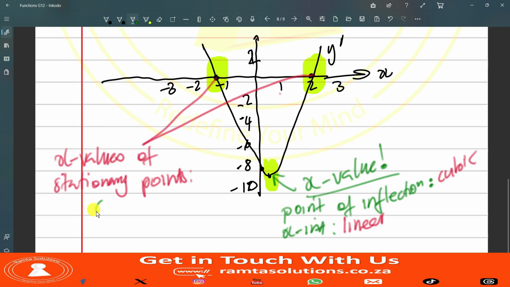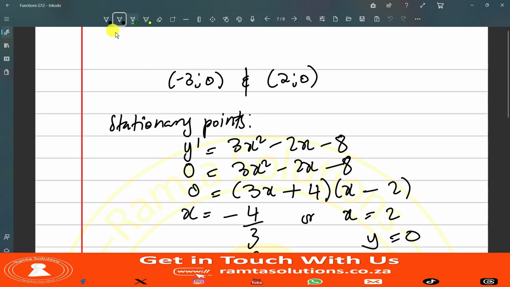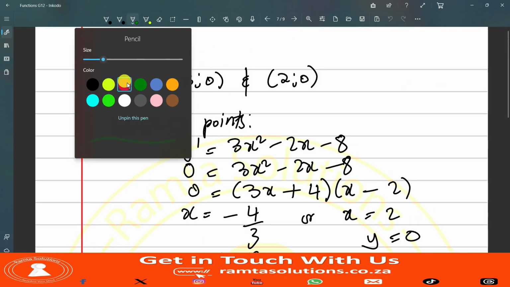Of the cubic. Okay. You guys get it? X-intercepts of a quadratic are x values of stationary points of a cubic. Okay. Perfect.